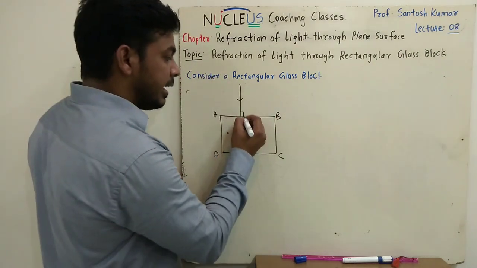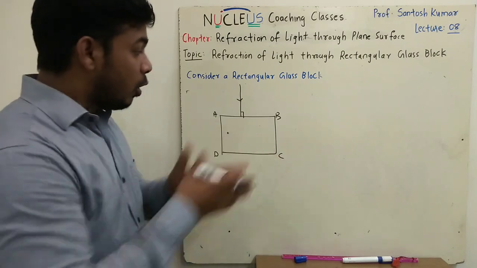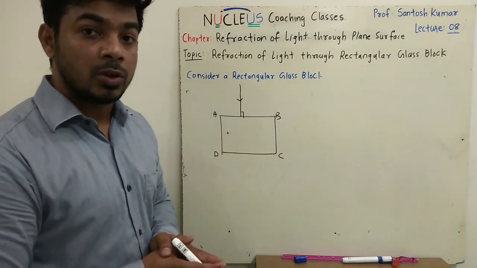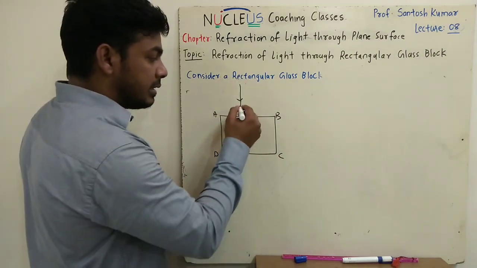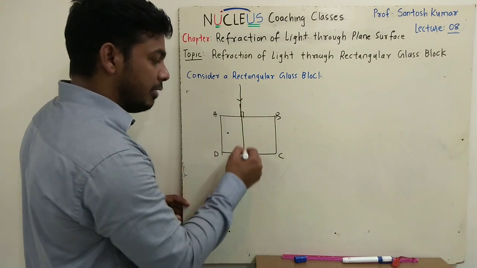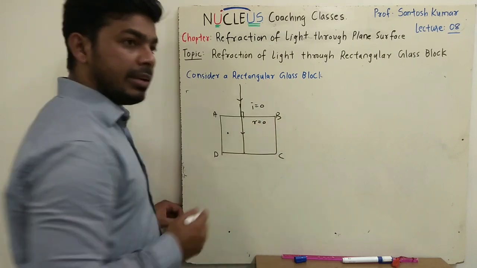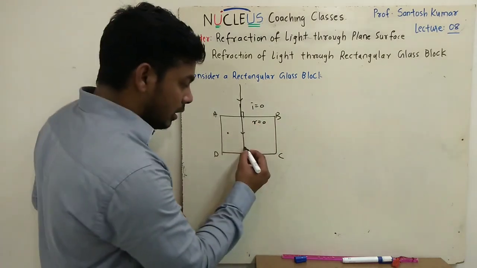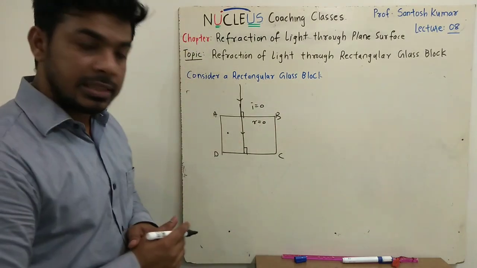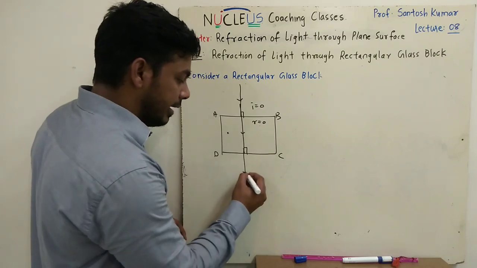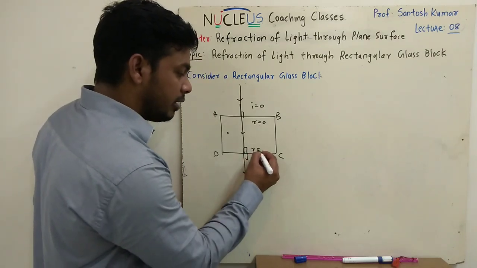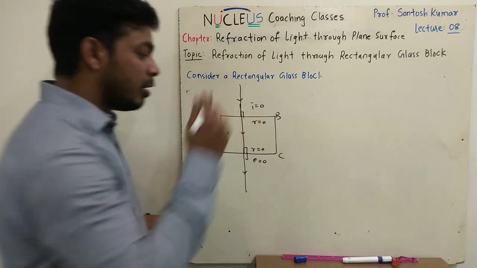For this surface, the ray is incident normally. We have already studied the rules for refraction of light. For a normally incident ray, the ray goes undeviated, right? Here the angle of incidence is 0, the angle of refraction is 0. Here also the ray will be normal to the surface CD, so it goes undeviated. So here the angle of refraction is 0 and the angle of emergence will be 0.